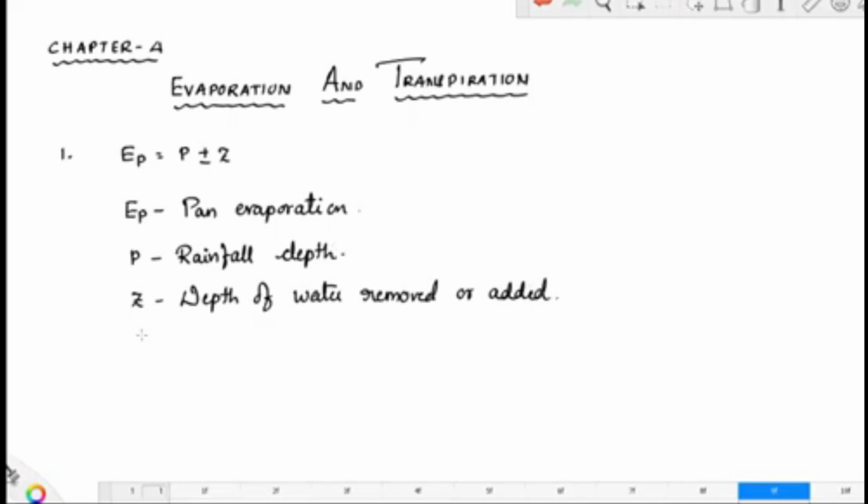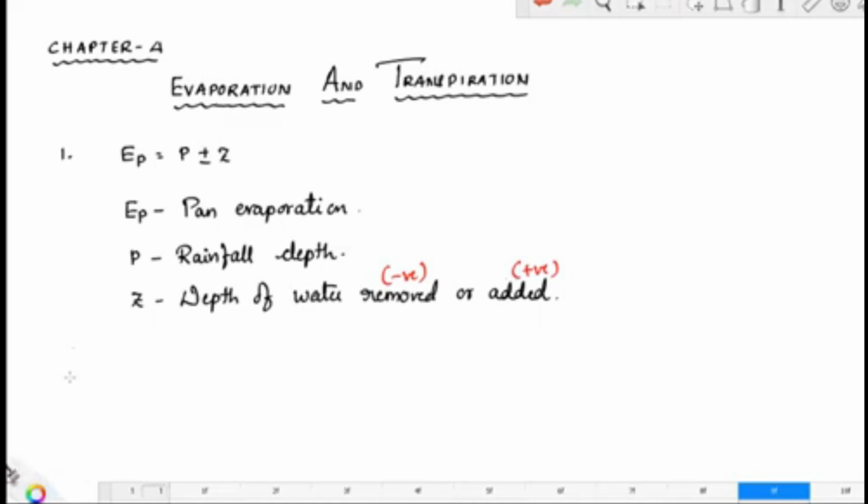Now, if water is removed, you have to take it as a negative. Water added, you have to take it as a positive.